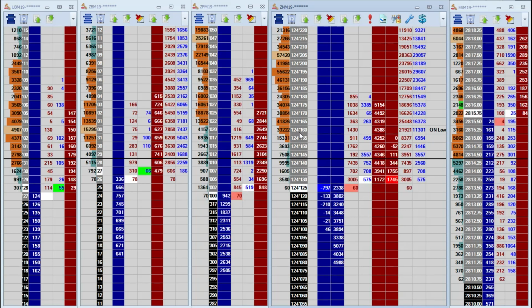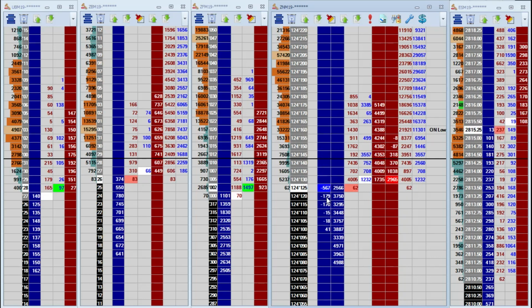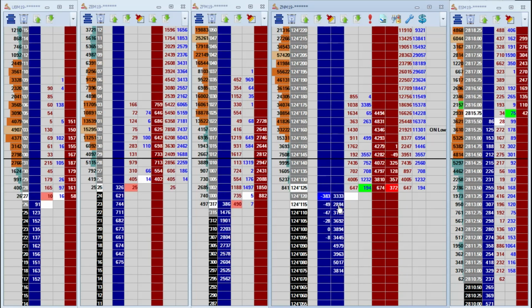So at 16 even or 15 and a half, you'd sell this market because it is aggressively selling down. We have several ticks below the low, which shows that sellers are having some aggression right now. So you could see some profit taking as this pops back up, and then you could sell it right back down.